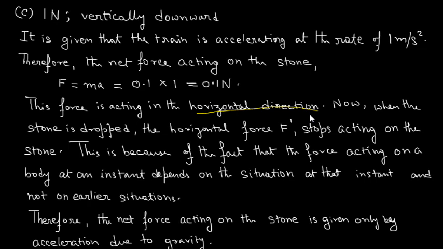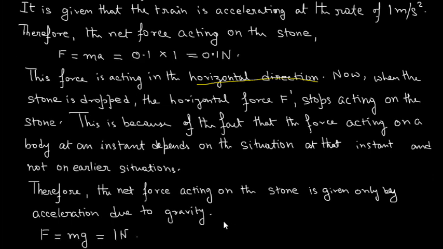Now, when the stone is dropped, the horizontal force F dash stops acting on the stone. This is because the force acting on the body at an instant depends on the situation at that instant and not on the earlier situation. Therefore, the net force acting on the stone is given by the acceleration due to gravity, and F is equal to mg, that is 1 Newton.